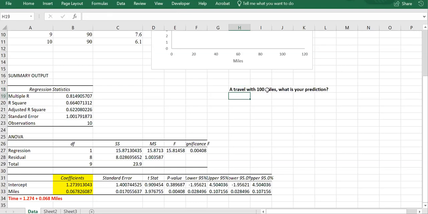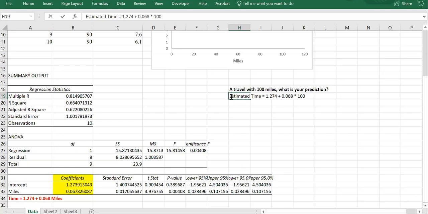If the travel is 100 miles, we just need to plug 100 into this equation. So the estimated time for this specific travel would be 1.274 plus 0.068 times 100 miles.